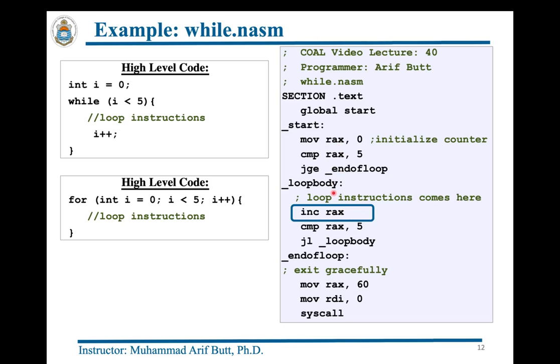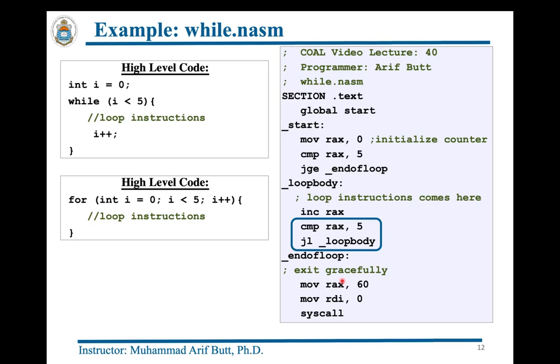Anyways, finally these two instructions check the loop condition again. If the contents of the RAX register are less than 5, the control will be transferred to the first instruction after the label _loop_body, that is over here, to repeat the loop instructions. Otherwise, the control will move to the next instruction in sequence, that is, the code to exit the program will be executed.